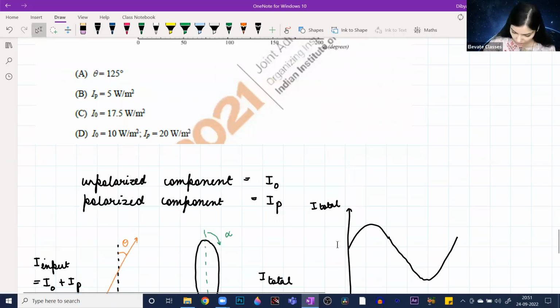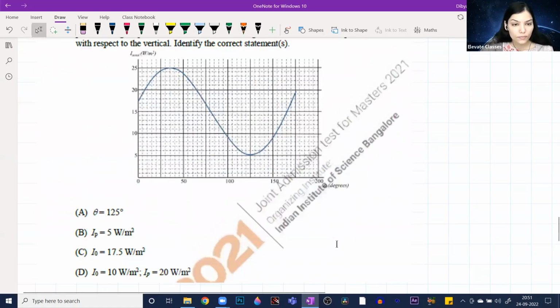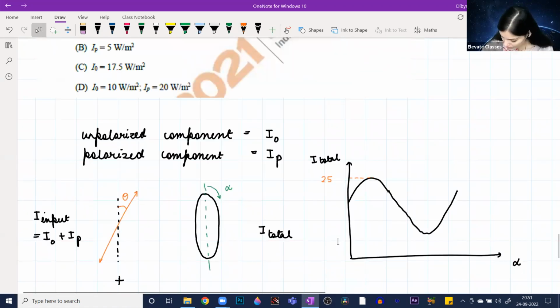So इसका maxima दिया है मुझे. This value is given 25 watt per meter square and this value is given as 5 watt per meter square. And also let us write down these angles.